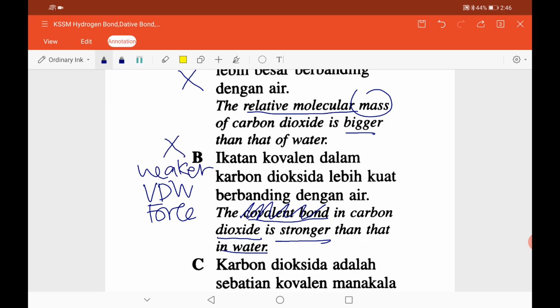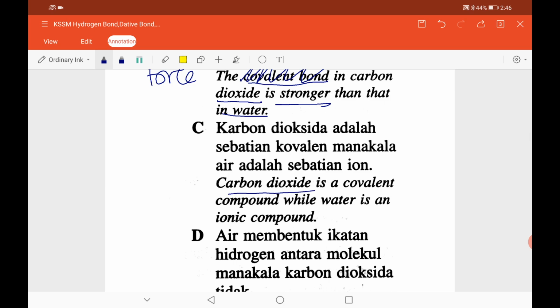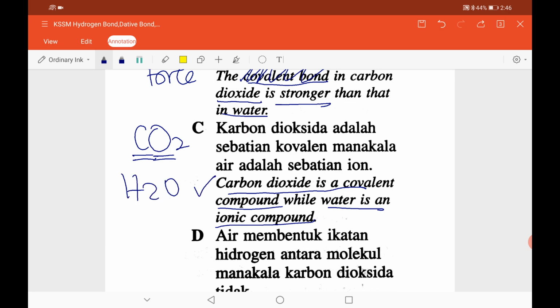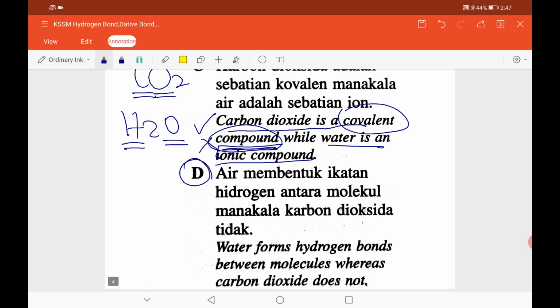So answer B is wrong. C, carbon dioxide is a covalent compound, water is an ionic compound. Carbon dioxide is made by carbon, non-metal, and oxygen, non-metal, so it is a covalent compound. Water, H2O, is made by hydrogen, non-metal, and oxygen, also non-metal. So water is also a covalent compound, not ionic. Wrong.